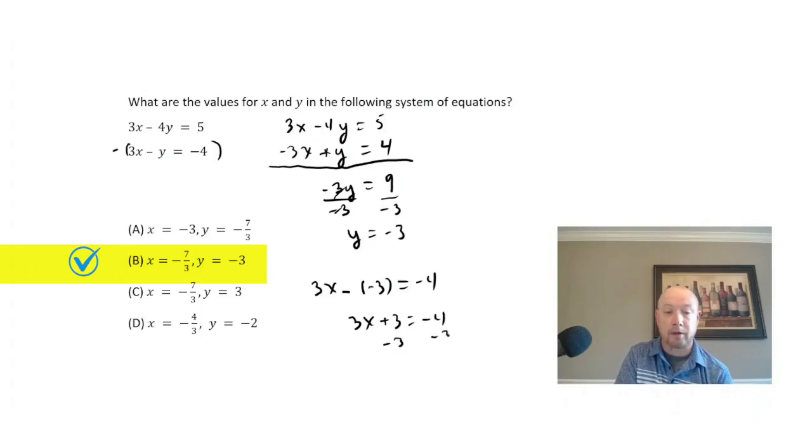If we subtract 3 from both sides, we would get 3x equals negative 7, divide by 3, and we would get x equal negative 7 thirds. So we know we did it right. So the correct answer here is choice B.